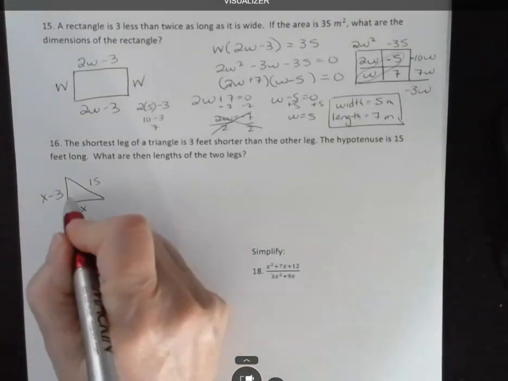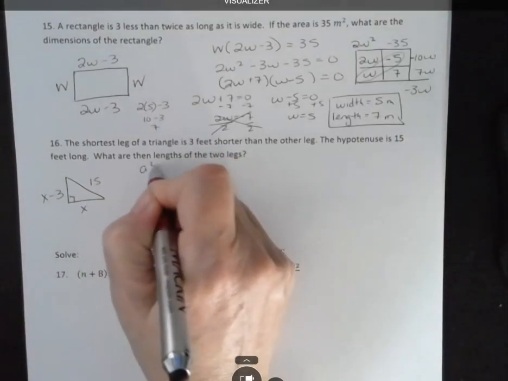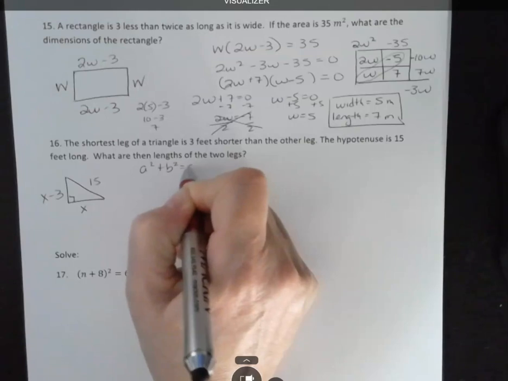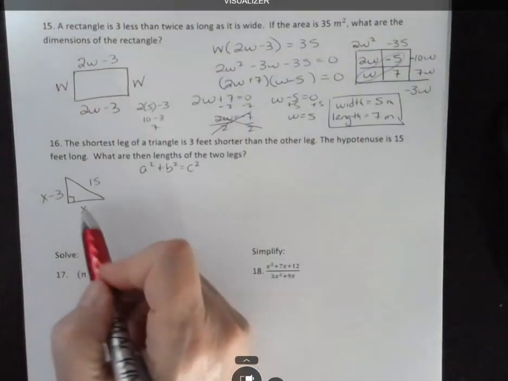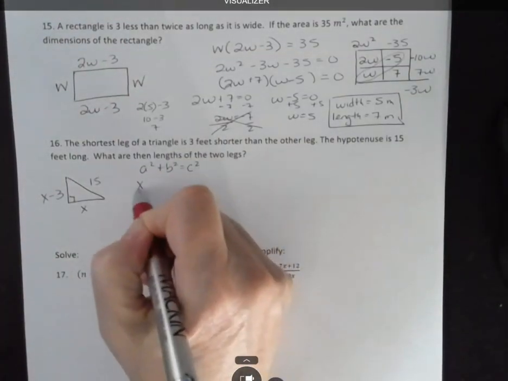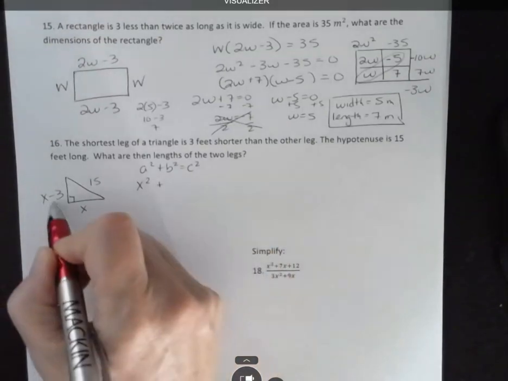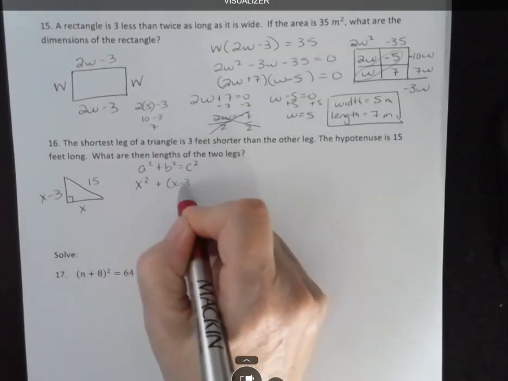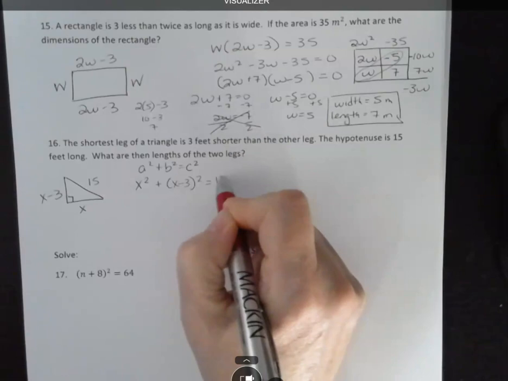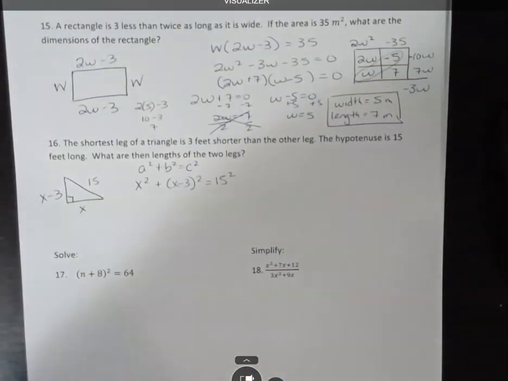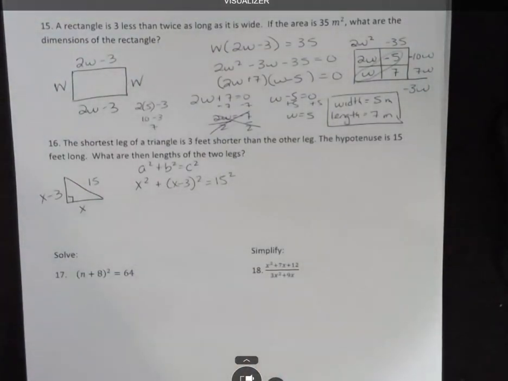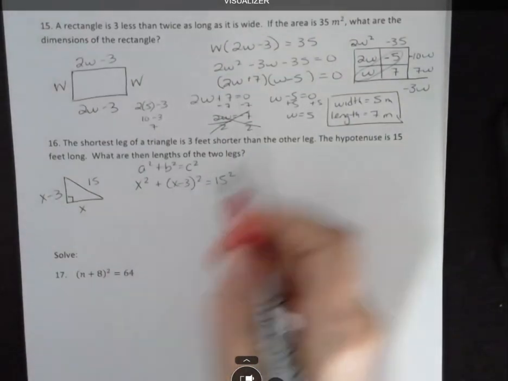So we know from the Pythagorean theorem that a squared plus b squared equals c squared. A squared, let's say, is x squared. B squared is x minus 3 squared. And c squared is 15 squared. So there's a lot to do to solve this problem, so let's get at it. We're going to have to multiply this out.